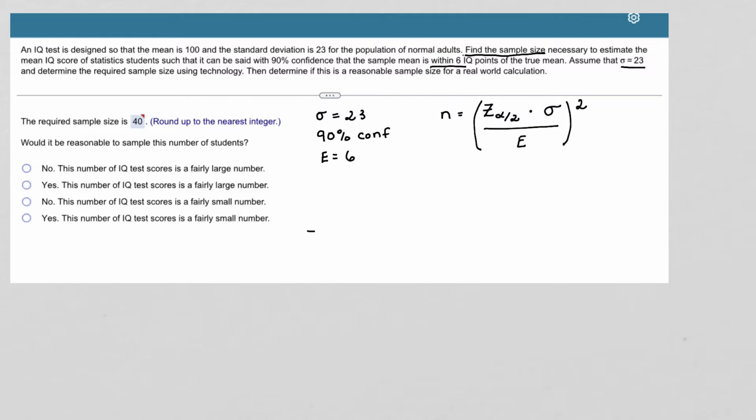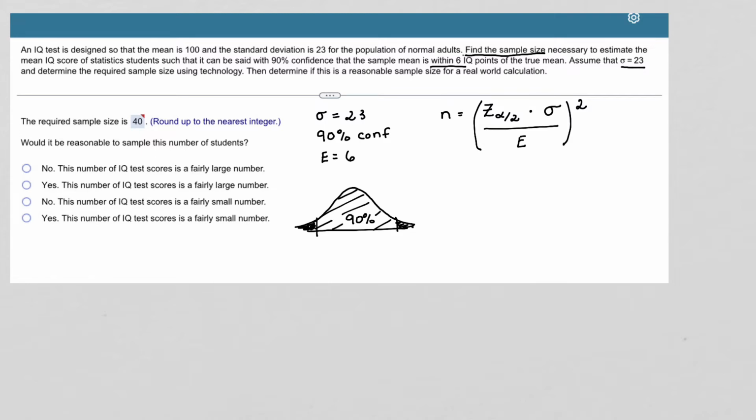If we are going to want 90% confidence, that means that 90% should be the middle of our normal distribution. And that means that there's 10% left over for each of these tails.